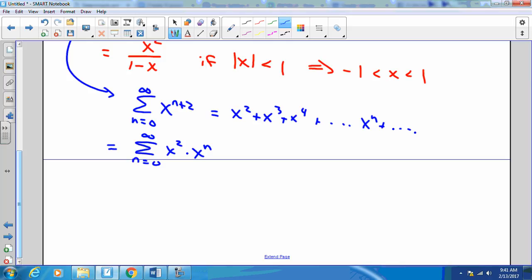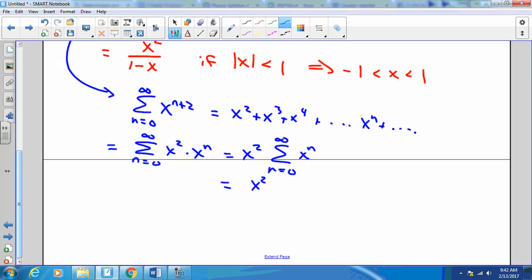The n is the index variable within the context of this sum. X is a constant with respect to n. This sum is a sum for a given value of x, which means that that constant can be pulled to the outside of my sum simply by factoring it out. I'm literally factoring out x squared from all my terms.